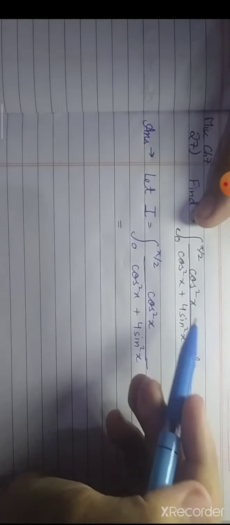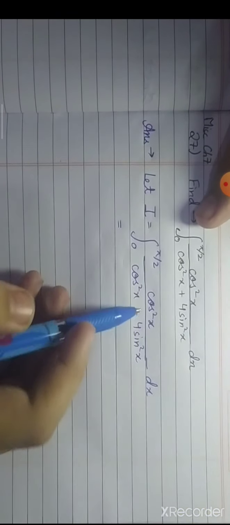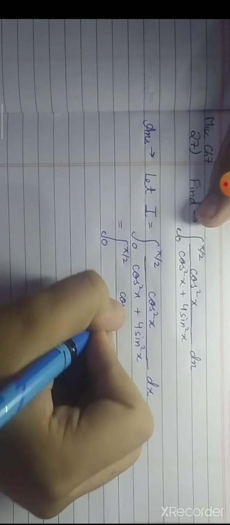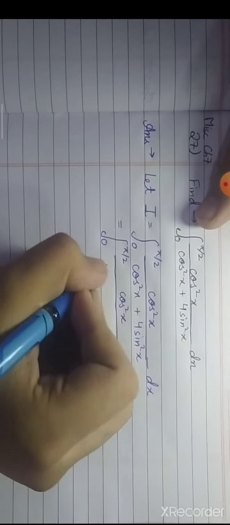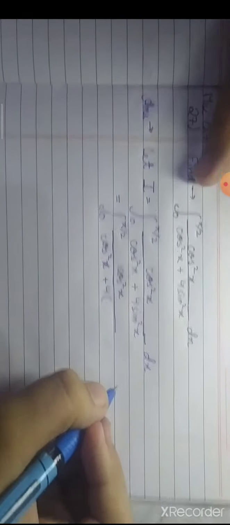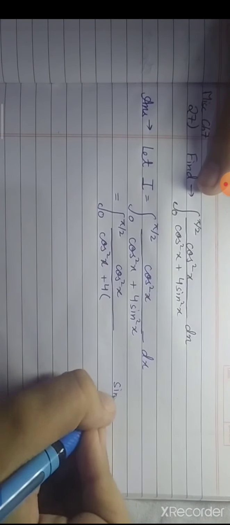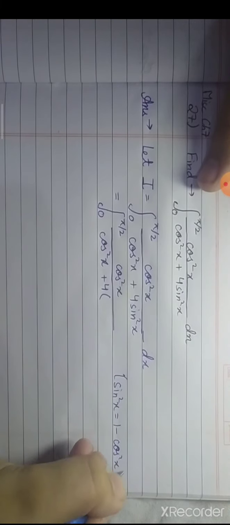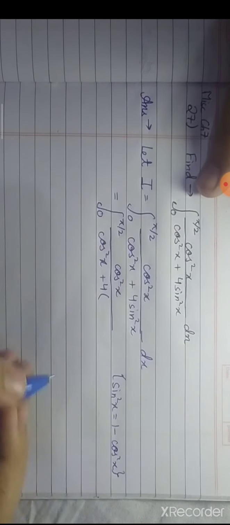First we will try to convert all the terms in terms of cos square x. So we write the integral from 0 to pi by 2 of cos square x upon cos square x plus 4. We know sin square x is equal to 1 minus cos square x, because sin square x plus cos square x equals 1.